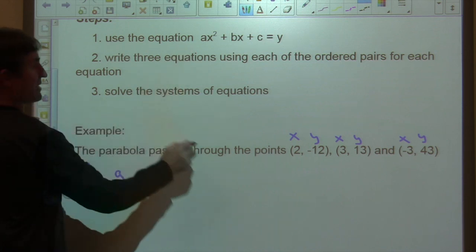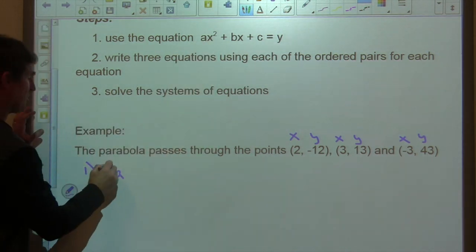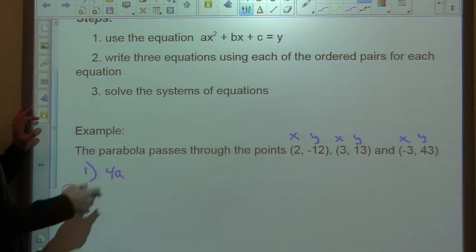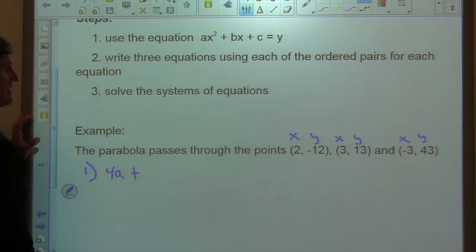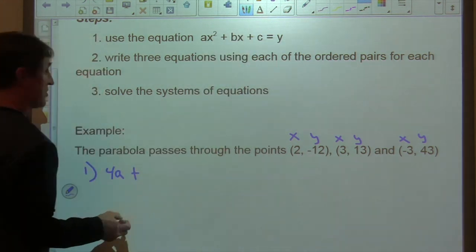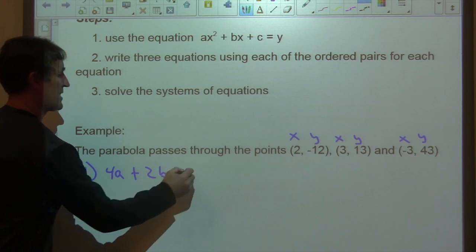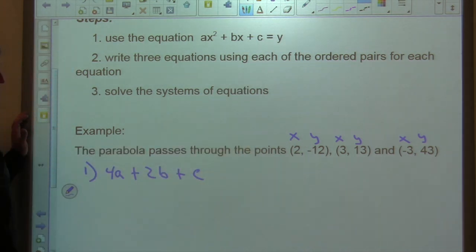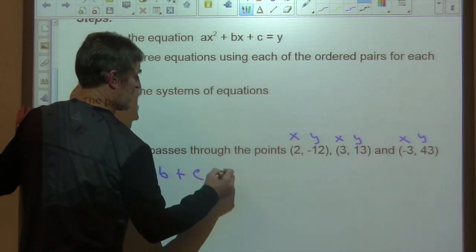But we do know x. x is 2, and 2 squared is 4. So I'm just going to put the 4 in front. Instead of a times 4, I'm going to put 4a plus, now again, this is x, so I'm plugging in 2. So that would be 2b plus c. We don't have a c value, so that just stays there. But we do have the y value as negative 12.